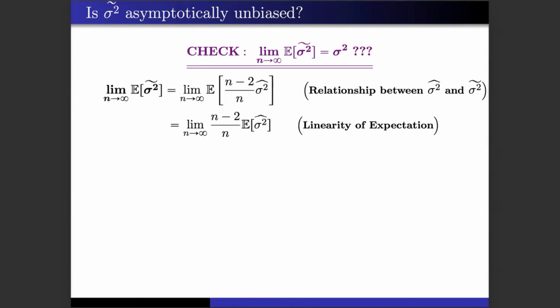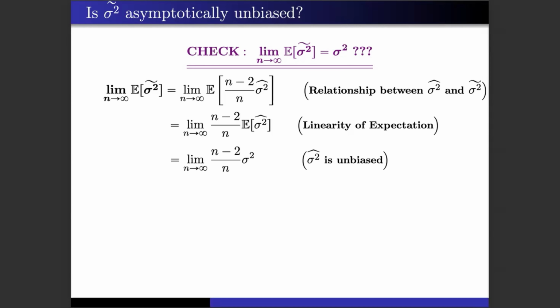And we have the second line, that is, the limit as n tends to infinity of n minus 2 divided by n times the expectation of sigma square hat. In the next line, we use the fact that sigma square hat, which is the ordinary least square estimate of sigma square, is unbiased. And if it is unbiased, the expectation of sigma square hat would be equal to sigma square.